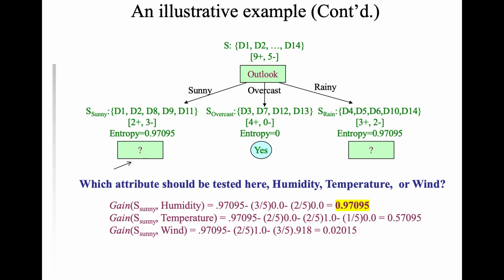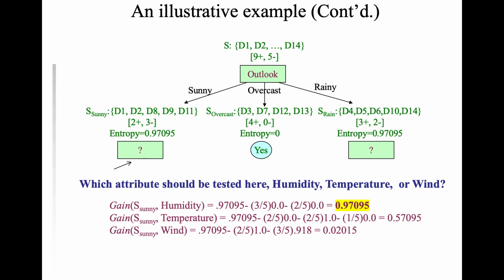Is it 0? Yep. Why? Because all of them play tennis is no for all. Yeah. So go back to the table. Now in the table, in your example, all the instances where the weather is sunny and the humidity is high all belong to the same class, right?